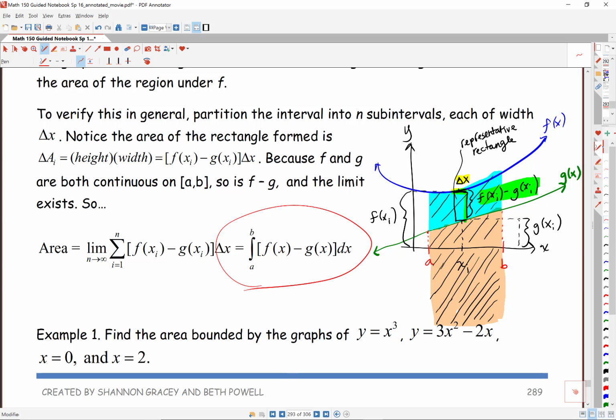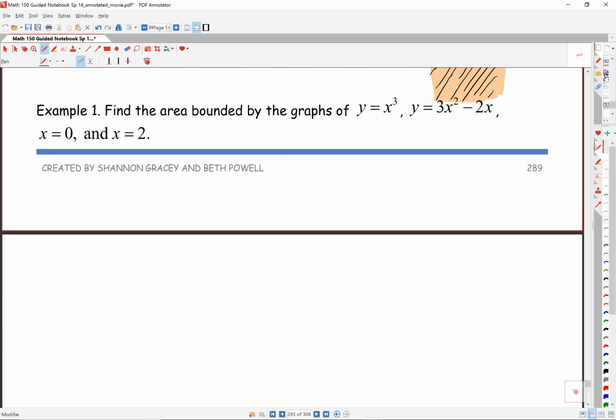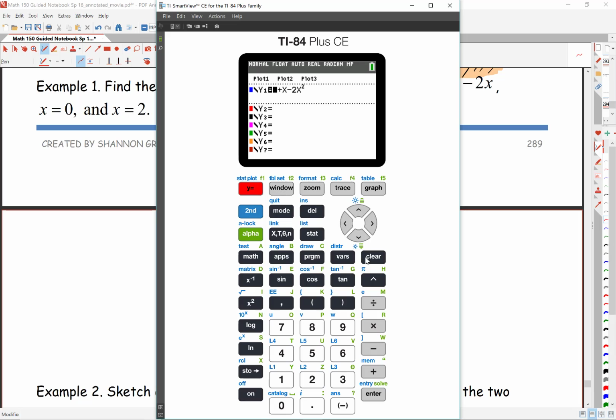The first example has us finding the area bounded by the graphs of y equals x cubed, y equals 3x squared minus 2x, x is 0, and x is 2. We have x cubed as our first one.